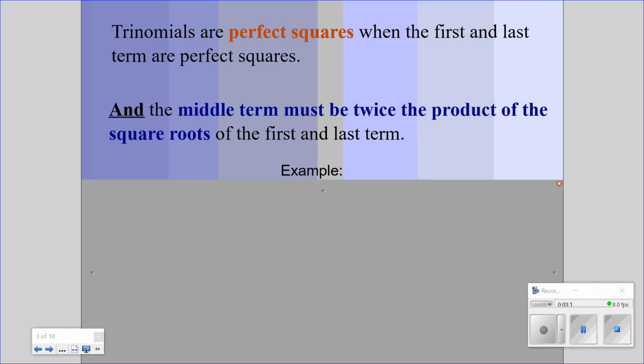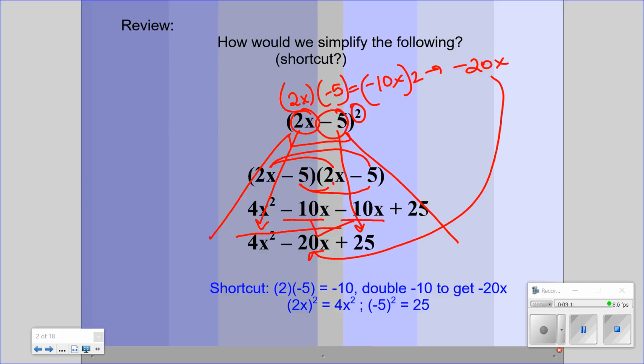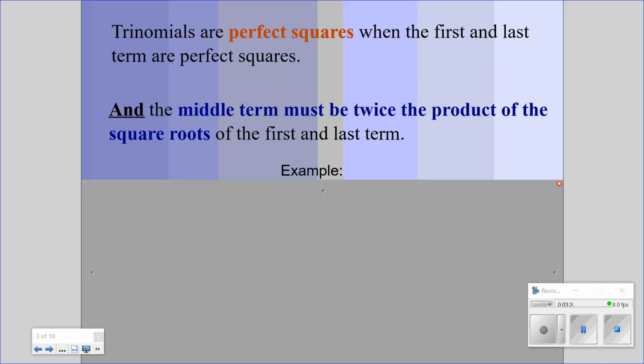So today we're going to learn that when we end up with a trinomial like this, 4x squared minus 20x plus 25, this is a special kind of trinomial. This is called a perfect square trinomial.